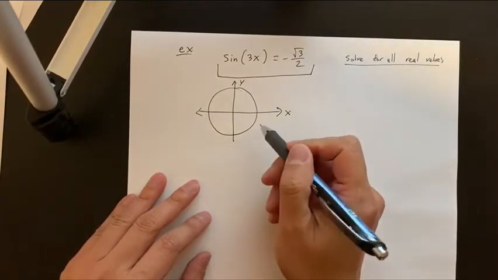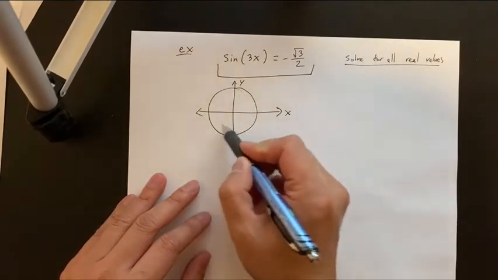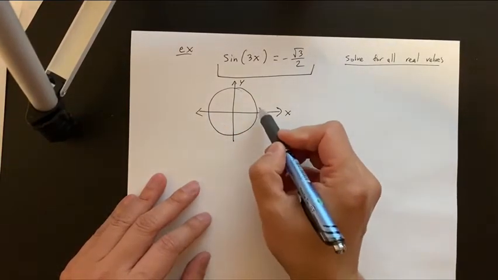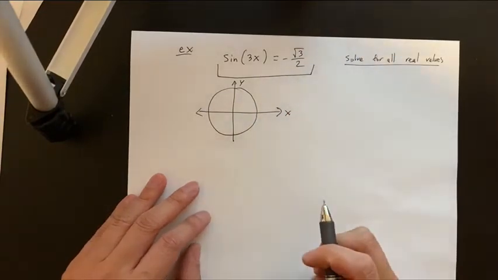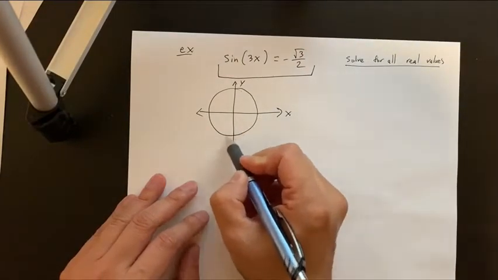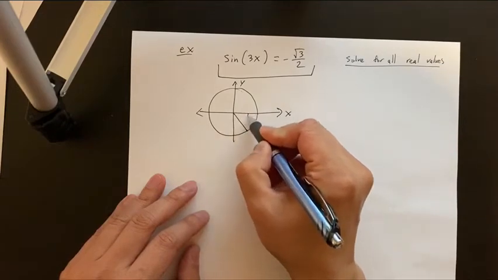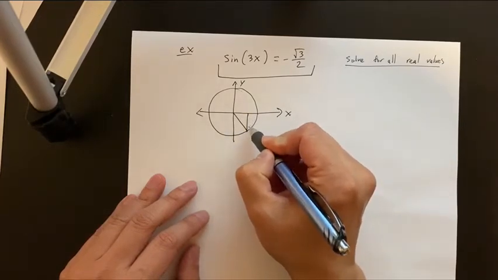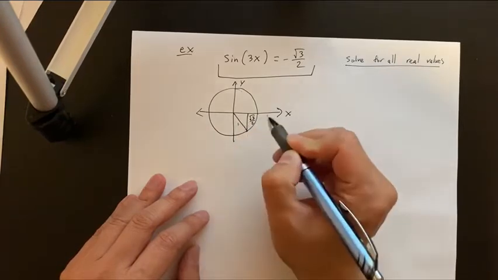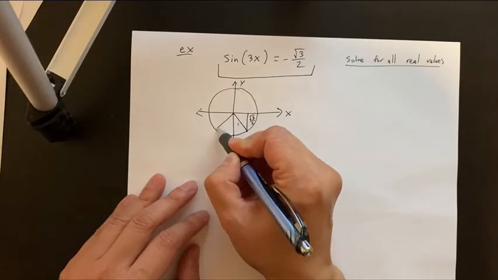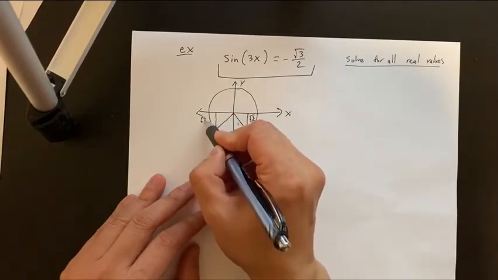If y is negative, that means it should be below the x-axis. Any y value above the x-axis will be positive, but we're looking for the y value being negative, so it's going to be somewhere down here. There's probably a position over here with the y value being negative root 3 over 2. And there is another position over here where the y value is also negative root 3 over 2.